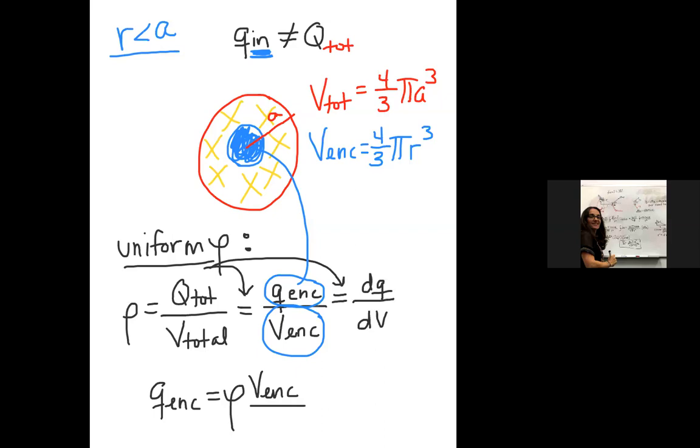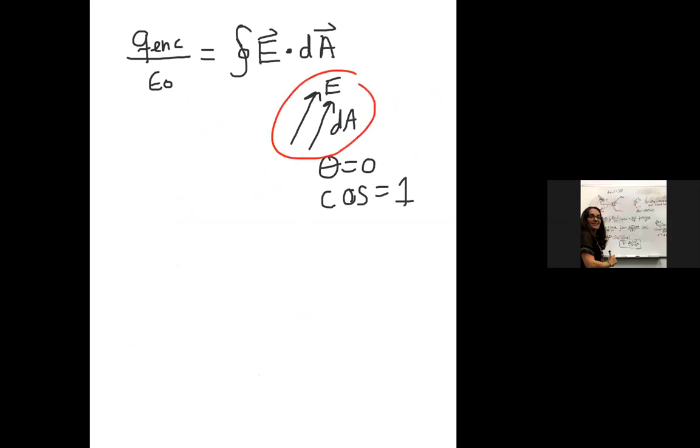Let's just do a couple. dA would point out this way, and the electric field would go along this axis as well. All the way around, everything is radially outward. So I would agree that in effect, everything points in the same direction. Check. Cosine theta is equal to 1.